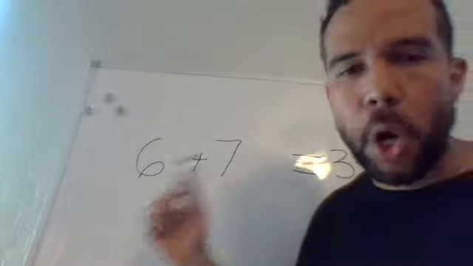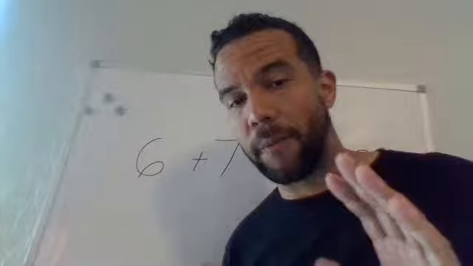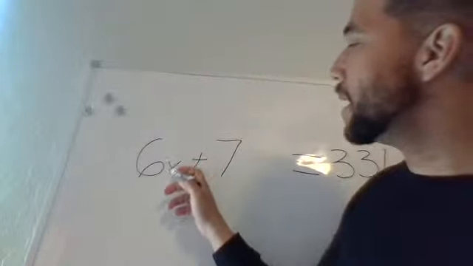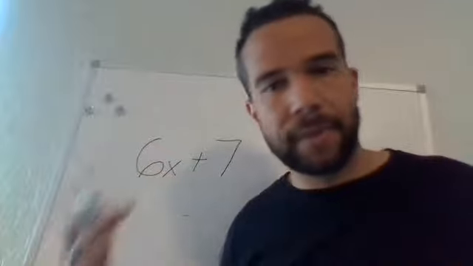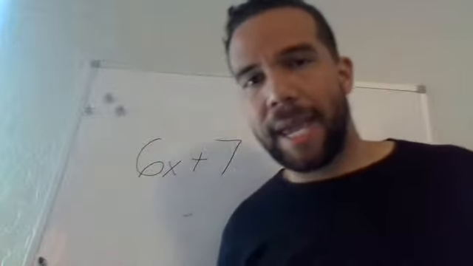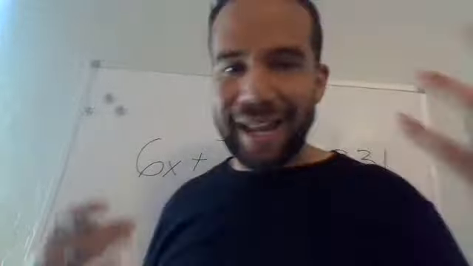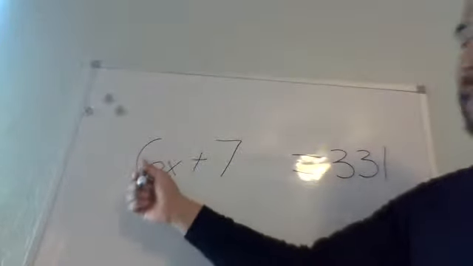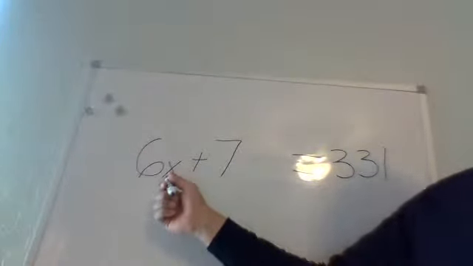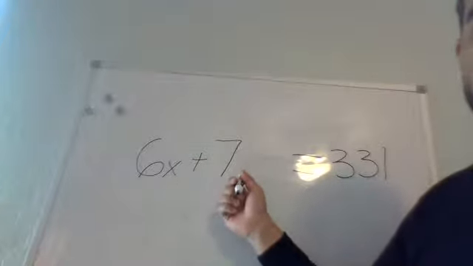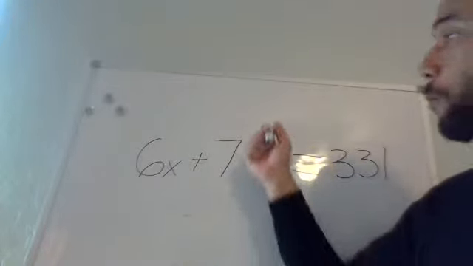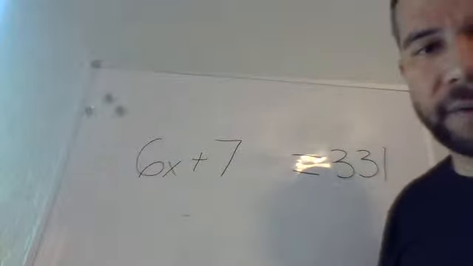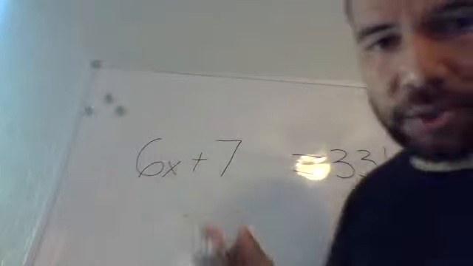If we don't know what the bus holds, we know there's six of them. We'd have to represent the unknown with an x, meaning the variable, meaning it's a placeholder. However many people were on each bus, there are six buses, and we're going to add that to the seven students that traveled by cars. When we work this out, we would figure out the missing number, how many students were actually on the bus.